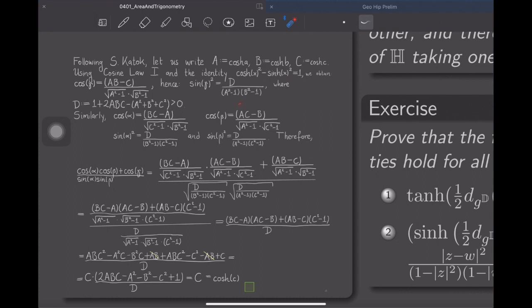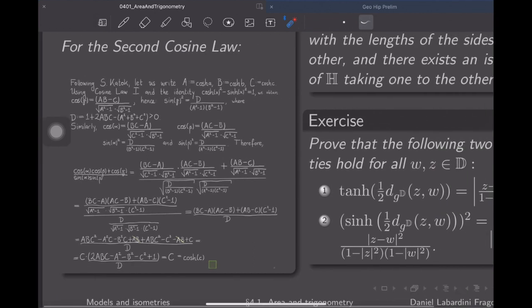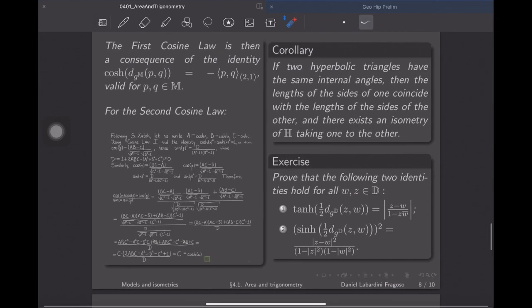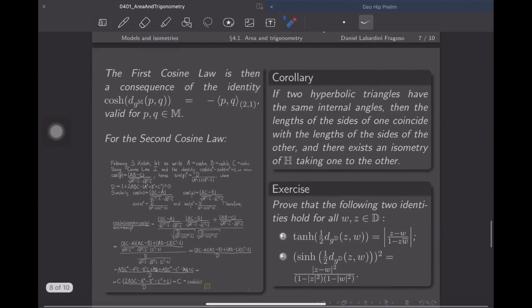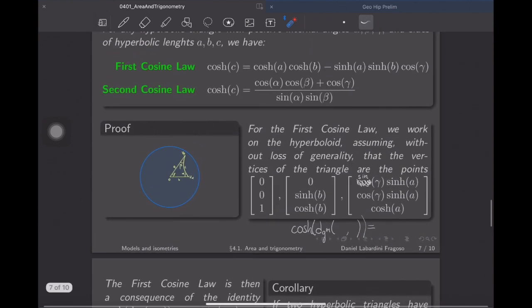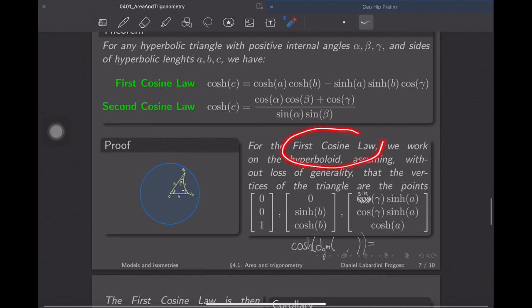I don't want to just read the computation, so I think you can just check it in the notes. But what I do want to stress is that the first cosine law really has a very conceptual proof.